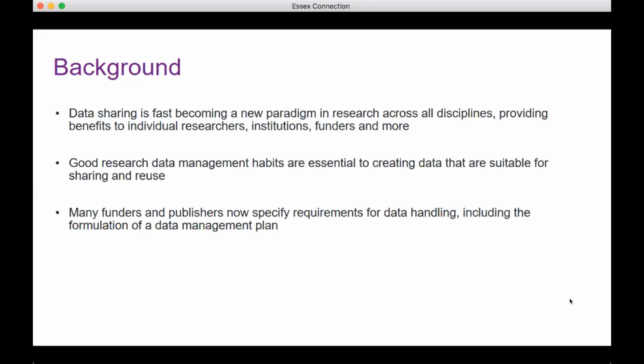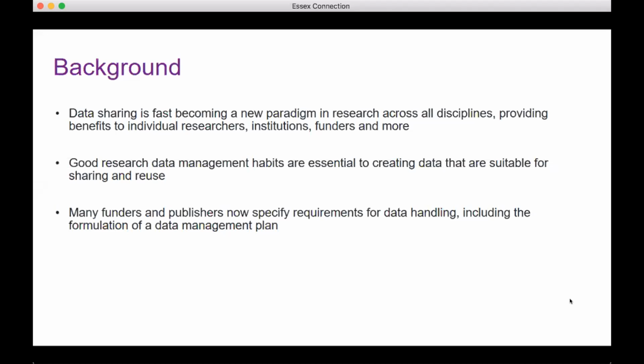It is essential here that we have good research data management habits, because if we don't deal with data management considerations early on in our projects, it can lead to potential problems later on. For example, if adequate consent is not obtained to share the data collected or we don't consider the complexities of data anonymization early on, it might lead to more work for us down the line.